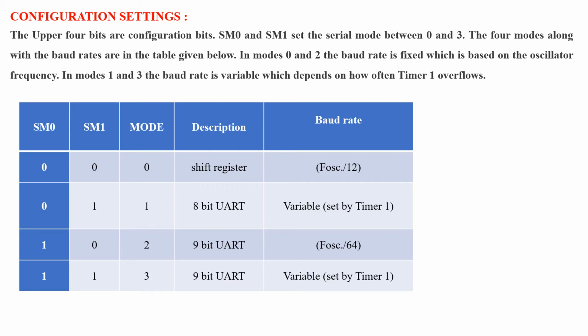The 4 modes along with the baud rates are shown in the table given below. In mode 0 and 2, baud rate is fixed, which is based on oscillator frequency. But in mode 1 and 3, baud rate is variable and generally it depends on the timer 1 overflow.